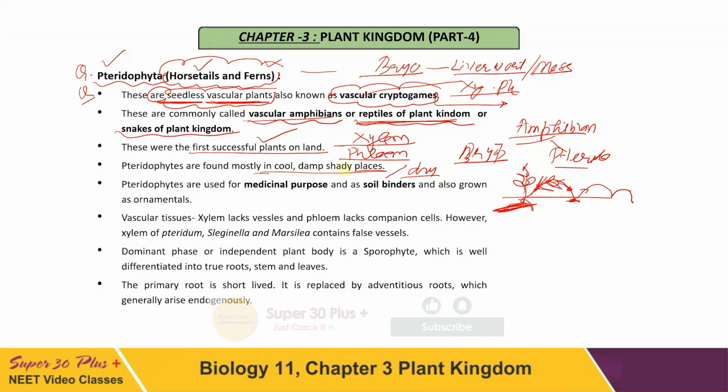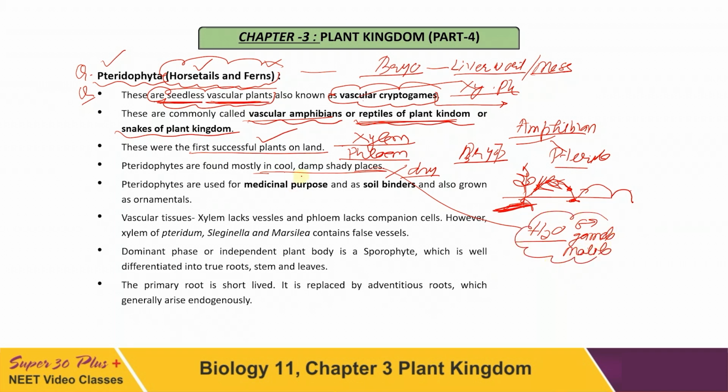The reason is, can you tell me? Because they also need water for completion of sexual reproduction. The male gamete is flagellated, that is motile, and that needs water. That's why these are found in cool, damp, shady places.